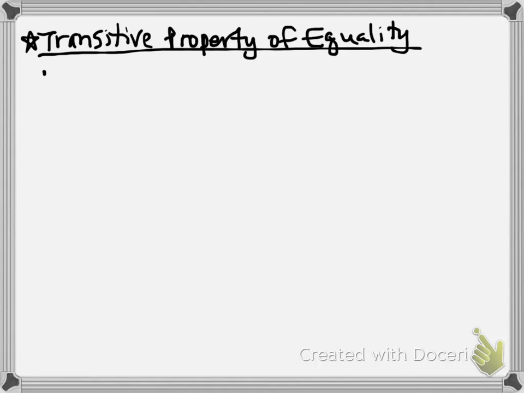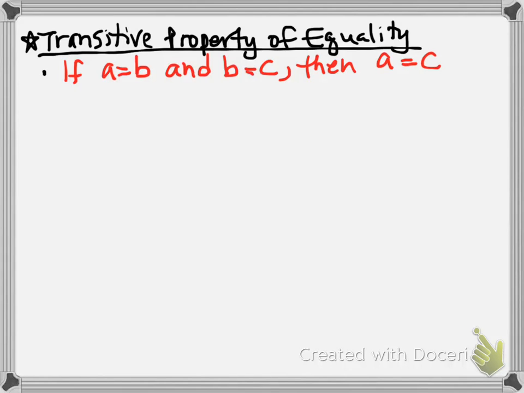And this one I really like, and we do use this quite often. It says if A equals B and B equals C, notice there's an overlap of B, then you can conclude that A equals C. And we use that a ton throughout the year.